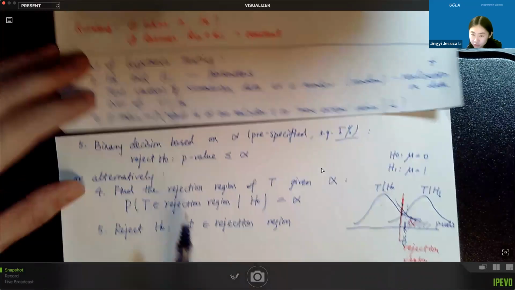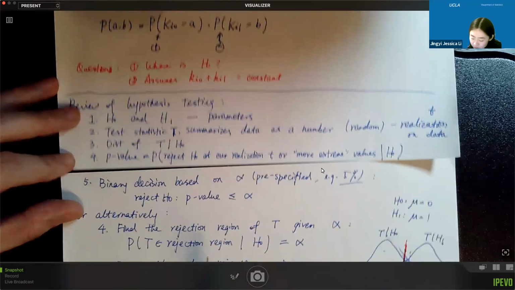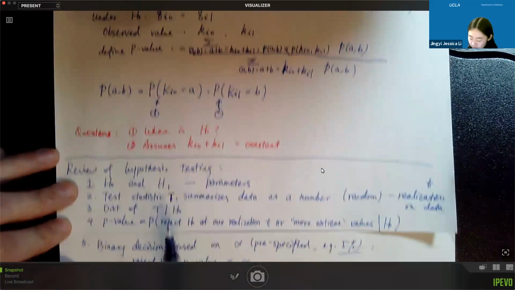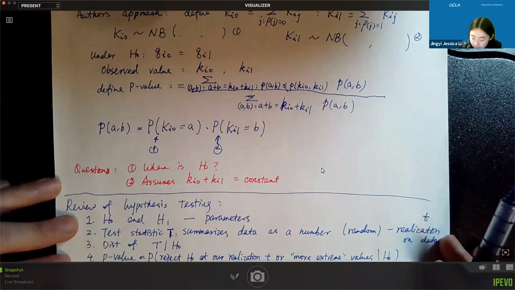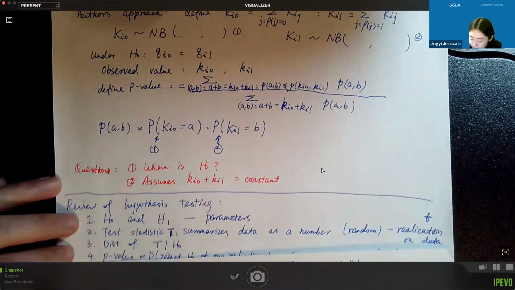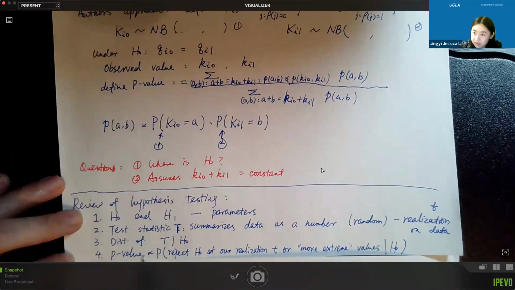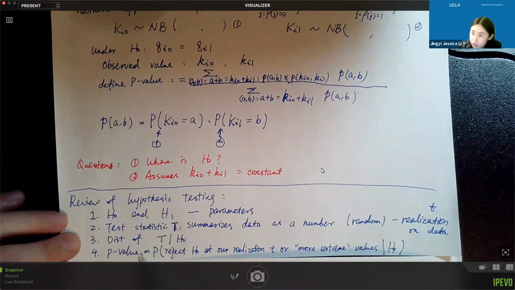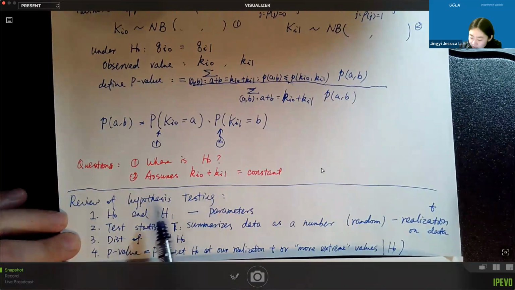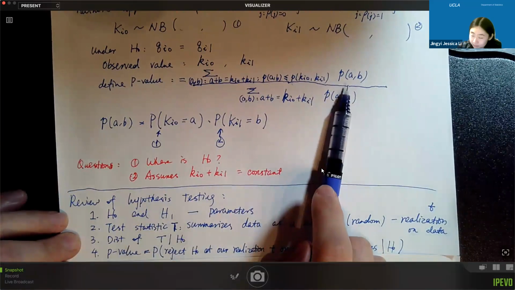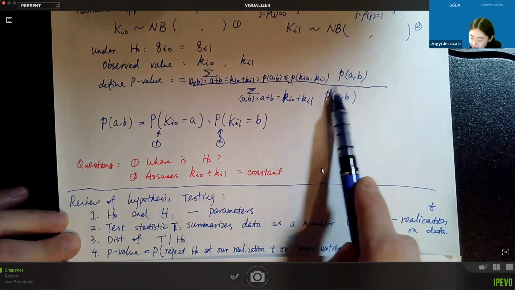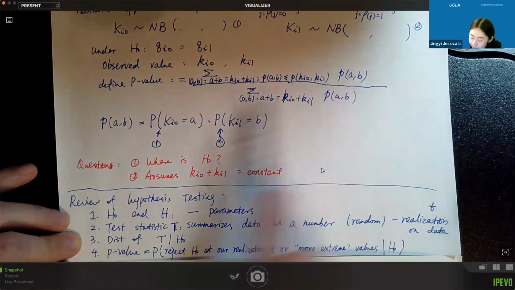Okay, so after such a review, let's come back to this question. Then the reason I questioned this DESeq is that if we look at the 5 steps we list here for hypothesis testing, it is unclear to me what the test statistic is. It seems that the test statistic is considered to be the probability.